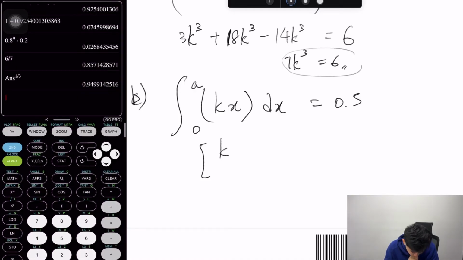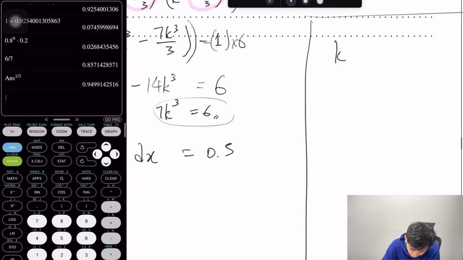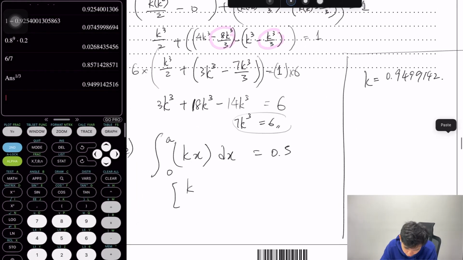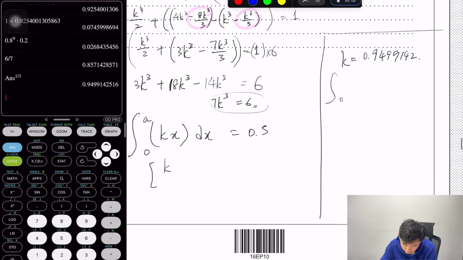That's also the cube root, which is 0.9 something. First of all, we need to do a little bit of rough check, okay? So the k is equal to 0.9499143. We're going to check if we integrate from 0 all the way up to k, whether that covers up to 50%.